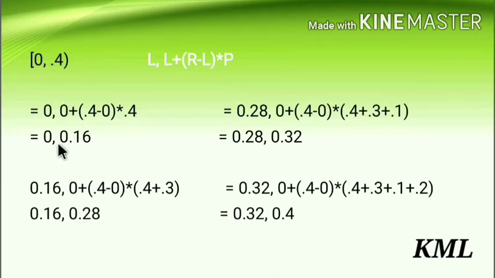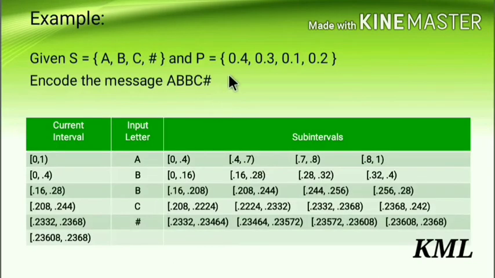Now what you have to do? Right of previous becomes left of current. So this 0.16 comes here. Then you have to find the right hand side. What is the right hand side formula? L plus R minus L into P. Now what is L? 0. What is R? 0.4. So 0, comma, R minus L, 0.4 minus 0 into, now what will be your P? Since you are finding the second subinterval, you have to take the sum of the first two probabilities.